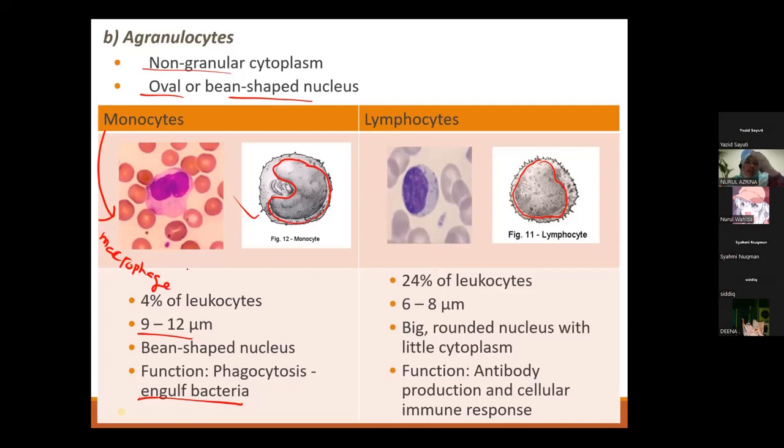So macrophage derives also from monocyte. As for lymphocyte, it has a very big rounded nucleus with little cytoplasm, and the function is to produce antibody and be involved in cellular immune response. Okay, so lymphocyte will be involved in production of antibody and other cells in our immune response.